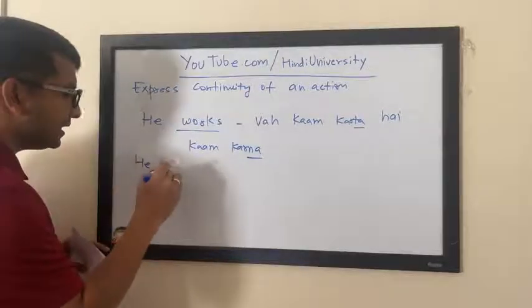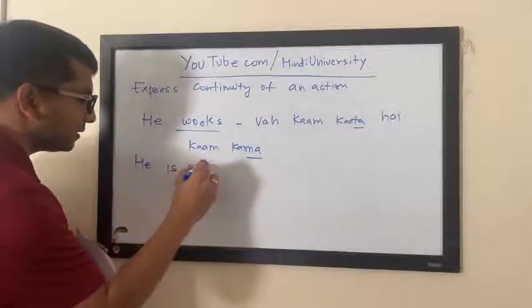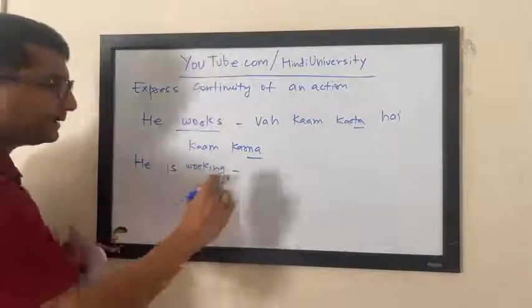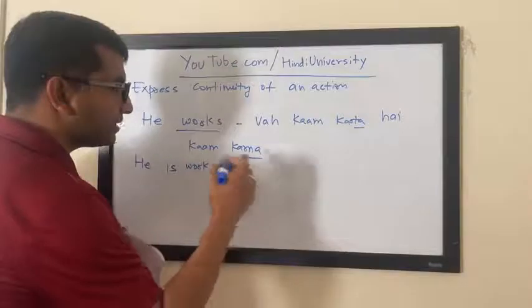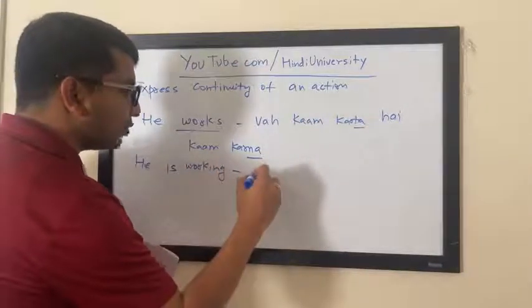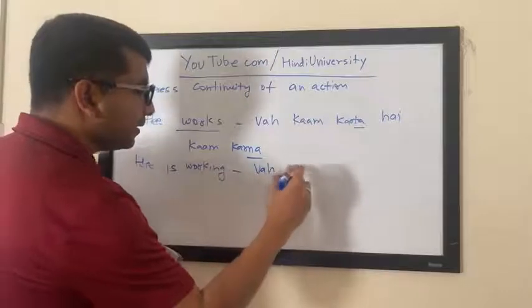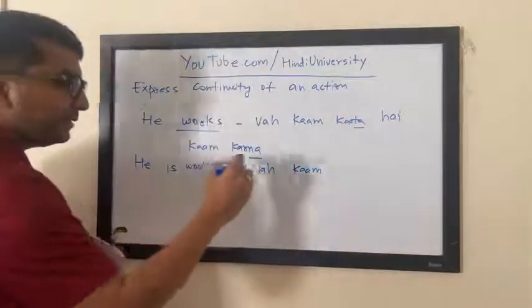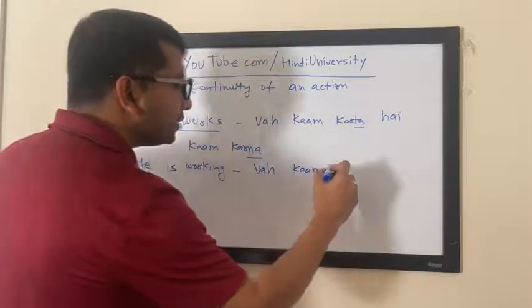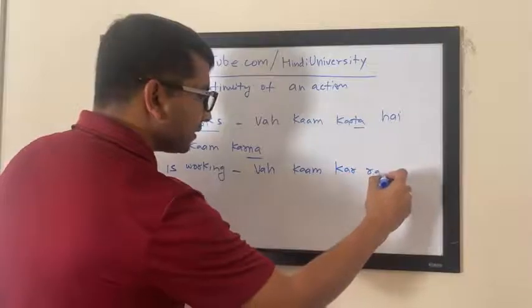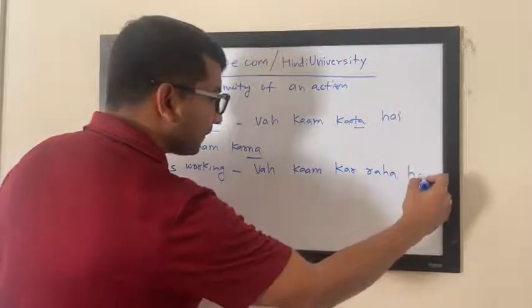If you have "he is working," this is showing something that is happening right now. Okay, but still this is not showing the continuity of an action. You will say वह काम, as most of you are probably thinking in your head, you remove the na and you say वह काम कर रहा है.